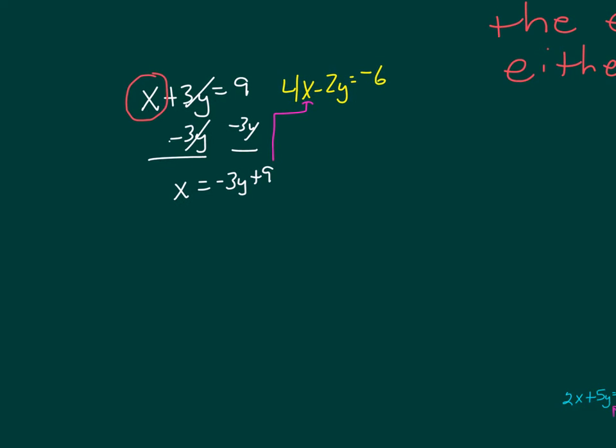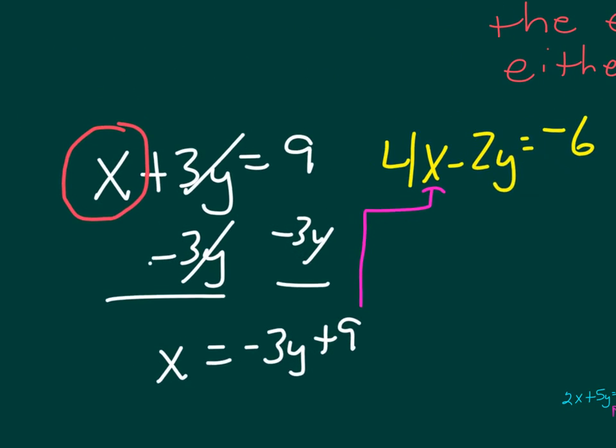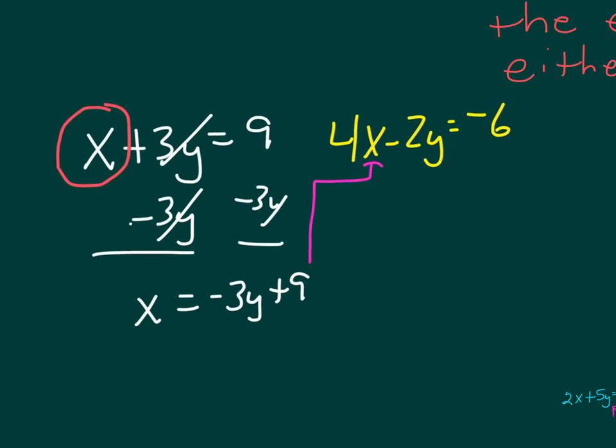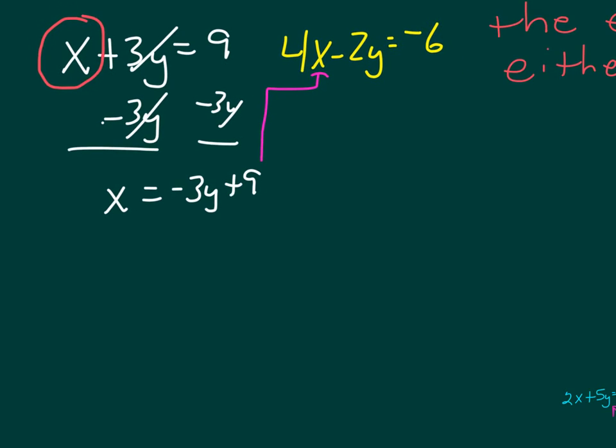Let me move this out of the way. Here's what happens whenever you do this one. Notice what you're going to do. I solve for x, so I'm getting x by itself, and I got x equals -3y plus 9. I'm going to plug it in for this x right here.